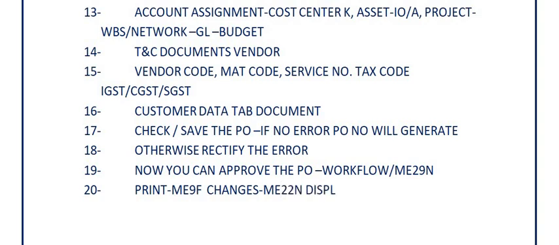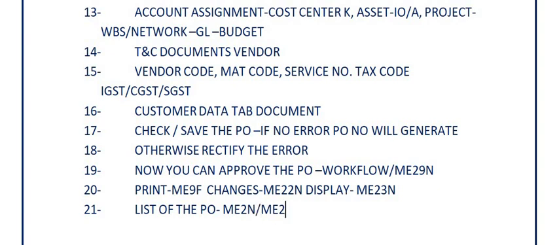If you want to display, you can display using ME23N. And for the list of the POs you want to check, you have options like ME2N, ME2M, ME2L, ME2K. You have lots of transaction codes. Mostly we are using ME2L.